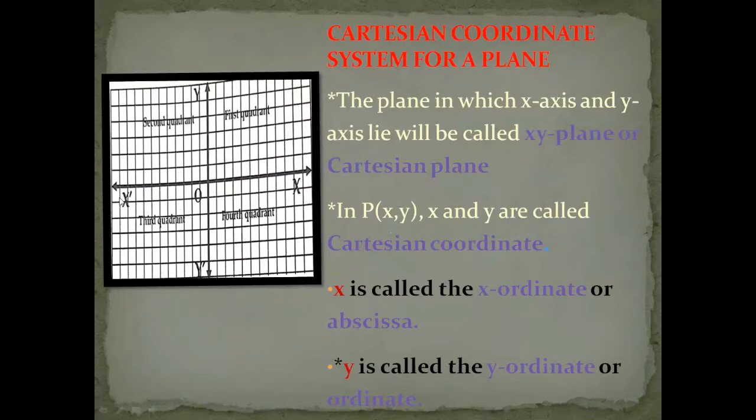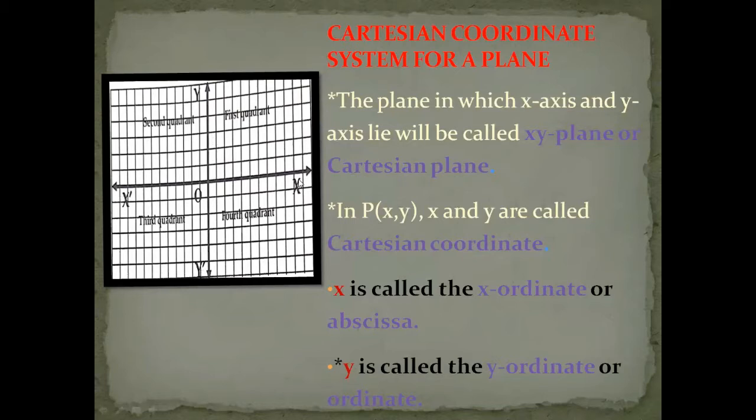In this system, we focus on two lines. One line is horizontal, another line is vertical. We call this horizontal line the x-axis and this vertical line the y-axis. These are two axes.